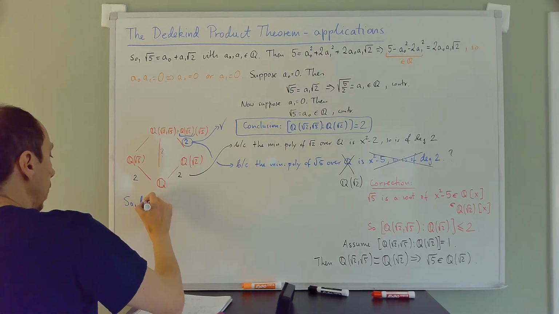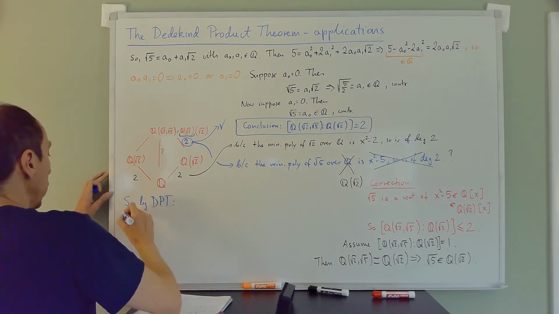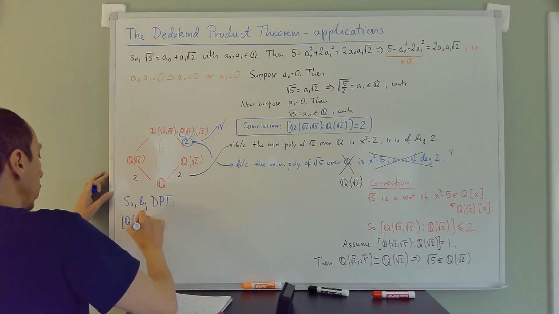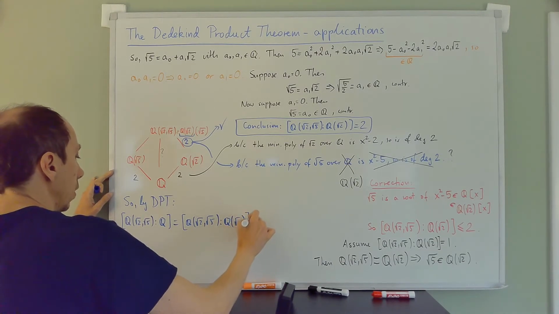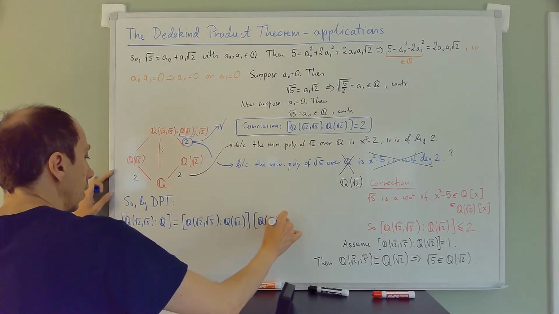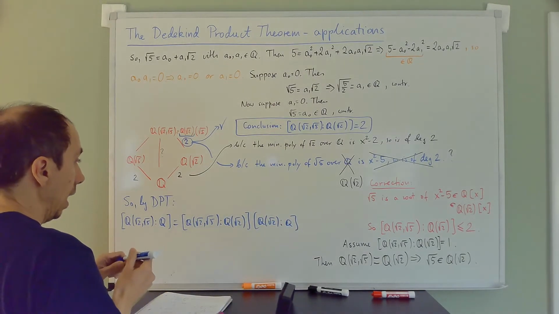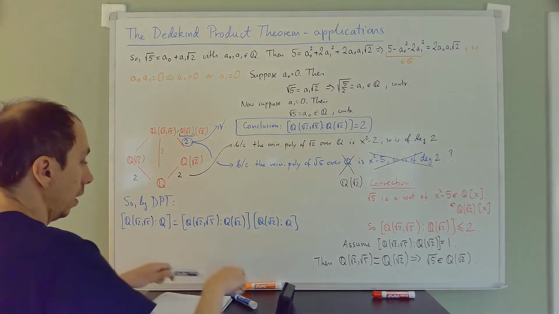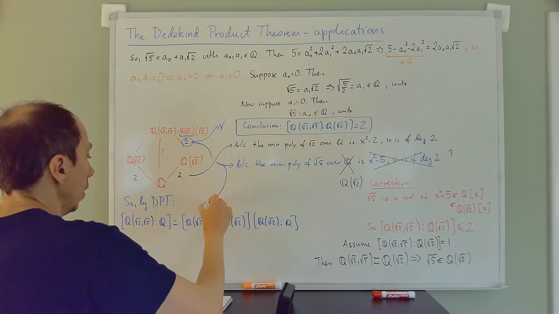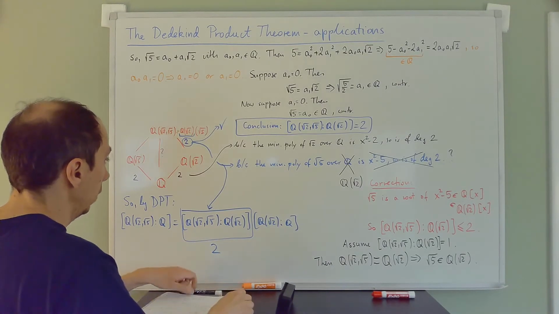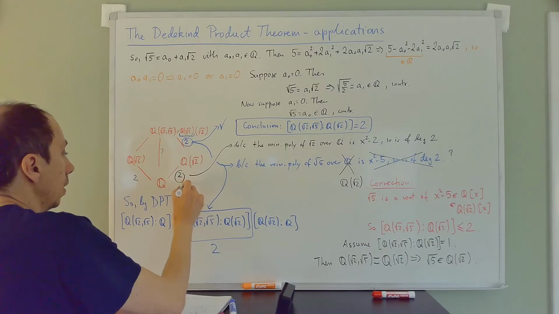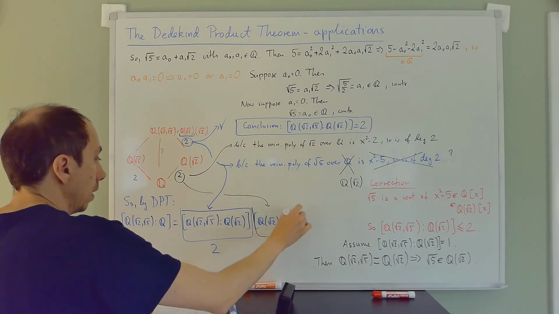So by Dedekind product theorem, I get that the degree of Q adjoin radical 2 comma radical 5 over Q is equal to this over Q radical 2, times this over Q. This is that, 2, and this is that, 2.